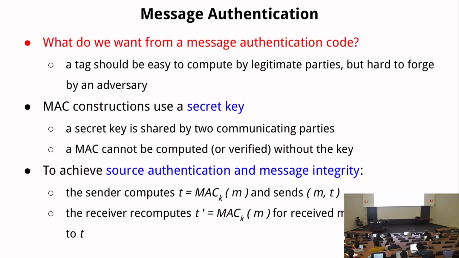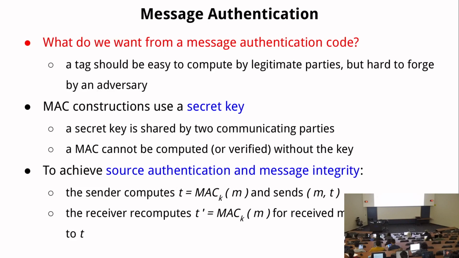In most MAC algorithms, we require the two communicating parties to have a secret key. This secret key could be different from the key you use for encryption. But because this is a secret key, it has to be shared or negotiated using the DH algorithm between the two communicating parties.